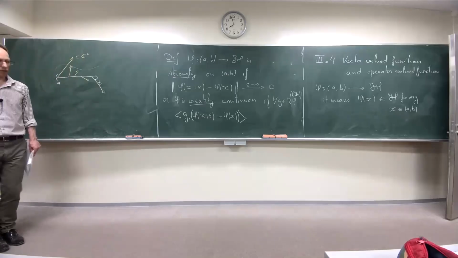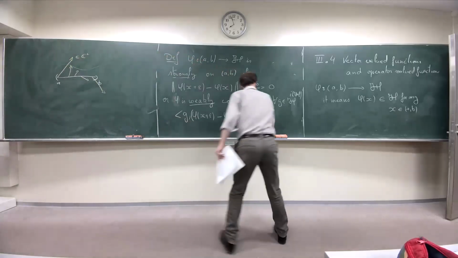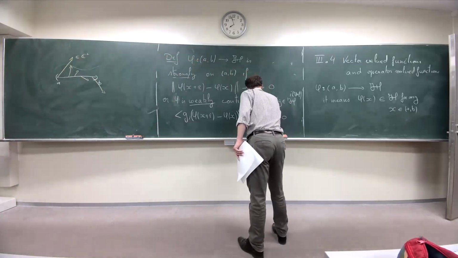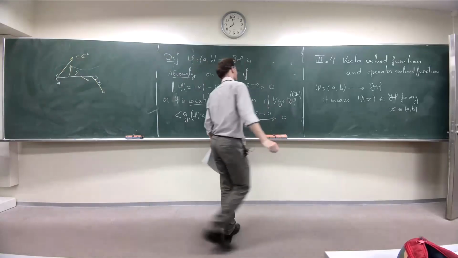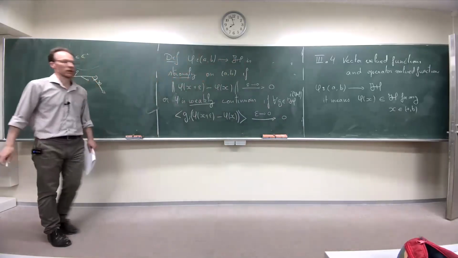It goes to 0 as epsilon goes to 0. This is weak continuity.